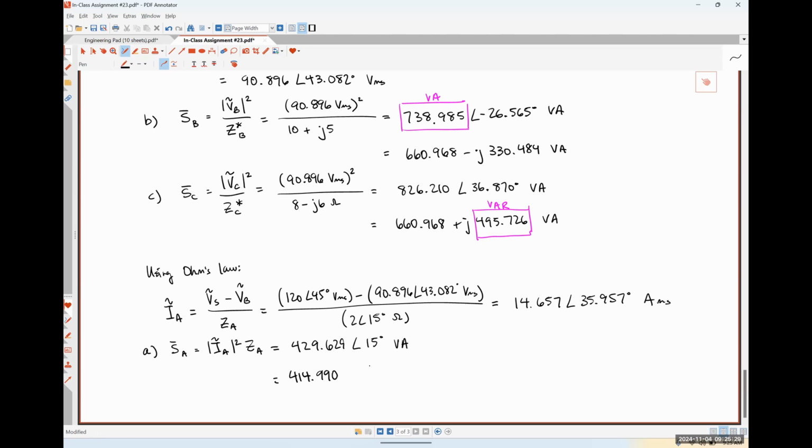So let's call that 990 plus j111.196 volt amperes.